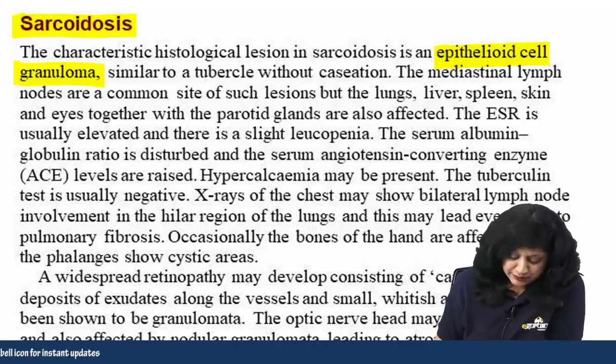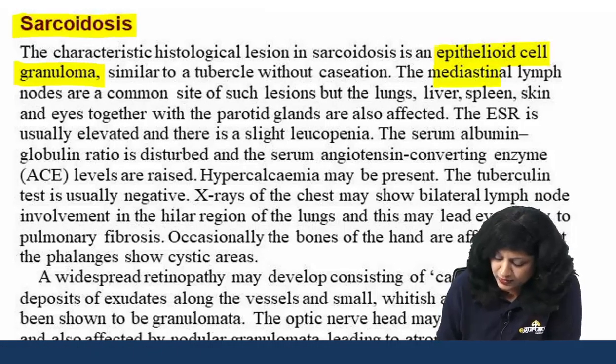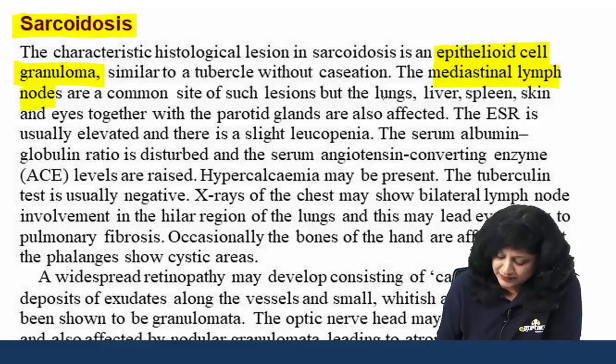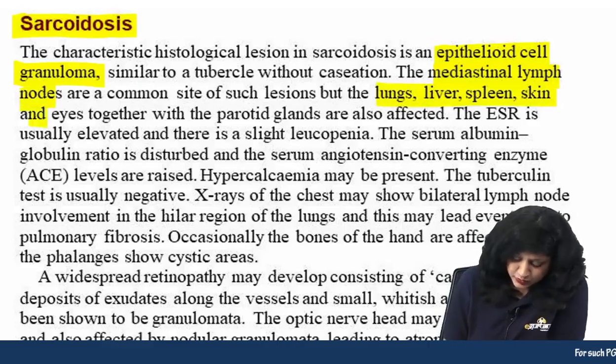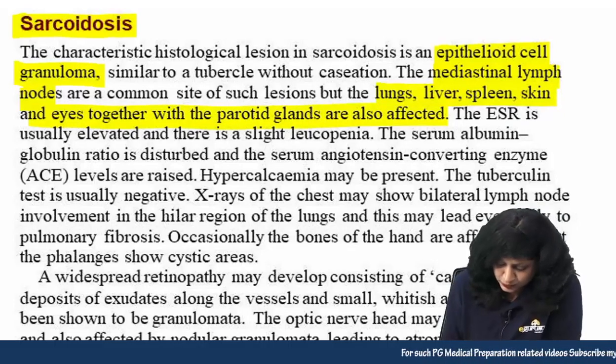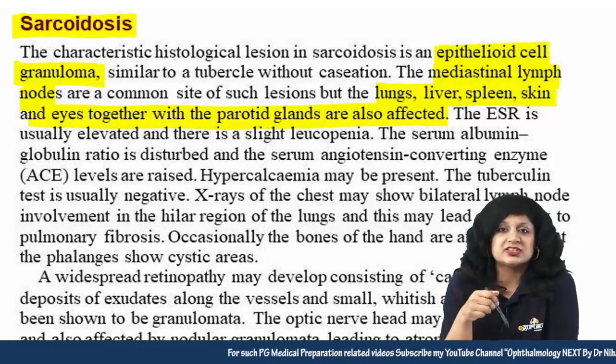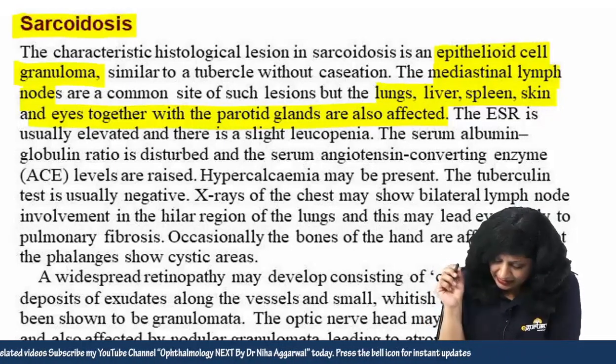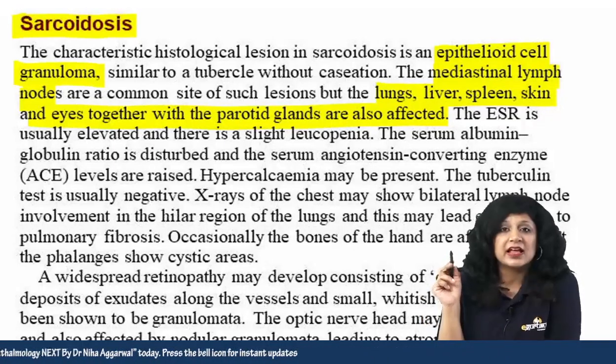The mediastinal lymph nodes are a common site. Especially we have the lungs, liver, spleen, skin and eyes together with the parotid gland also affected. So though a common site is your mediastinal lymph nodes, the other areas involved are so many, that is lung, liver, spleen, skin along with the eyes.